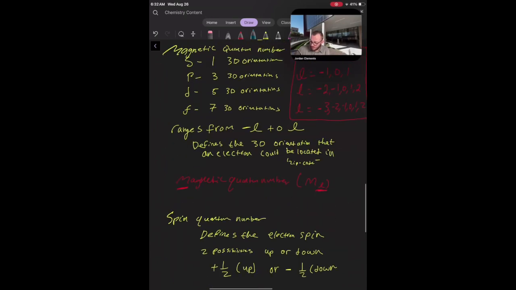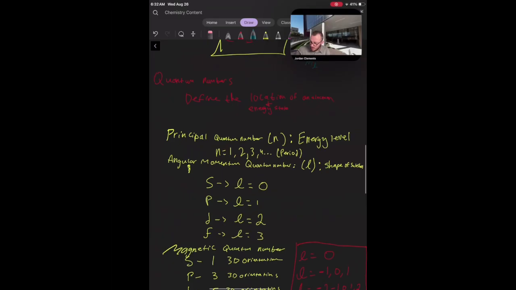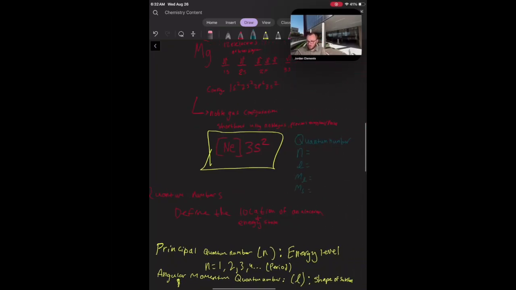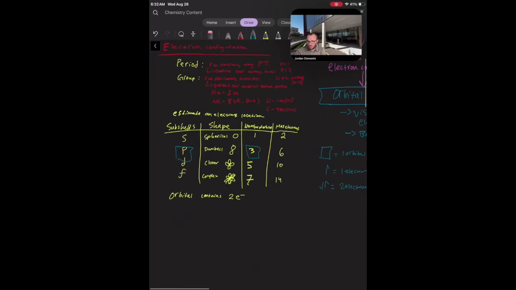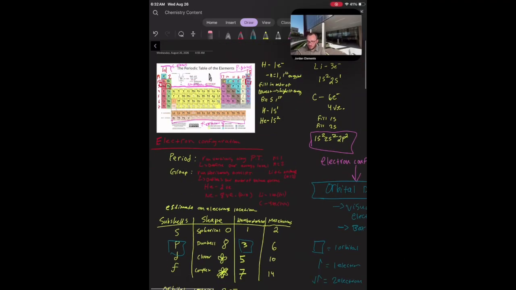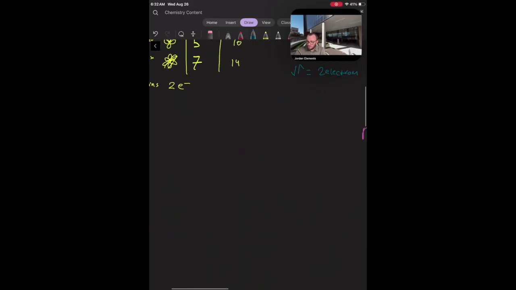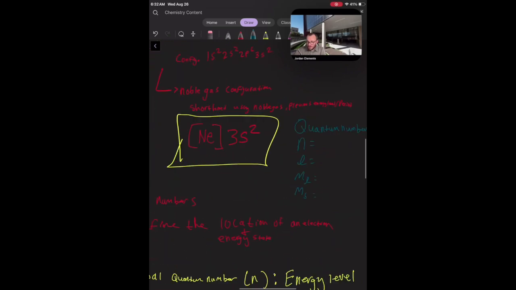So the energy level for magnesium, we said, was n equals 3. And then it's going to be in the s orbital.